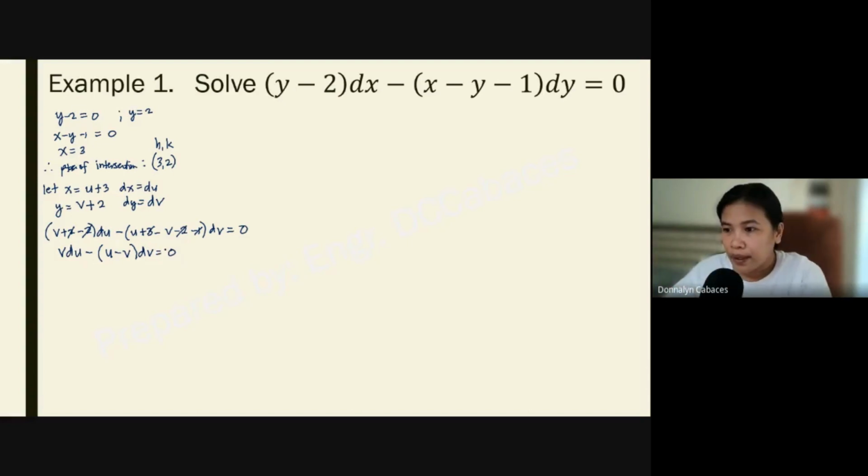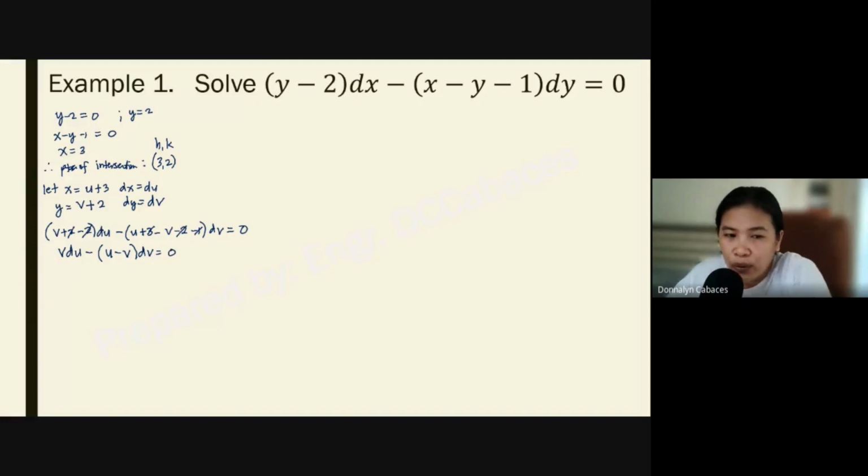Okay? And now what is this equation? This is a homogeneous differential equation. First term, you have v, degree 1. Second term, u, degree 1, and then v, degree 1. So this is a homogeneous differential equation.